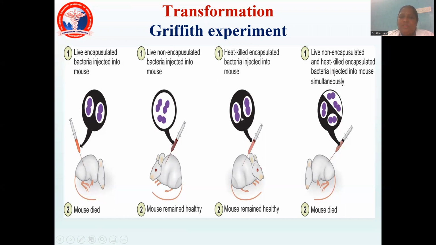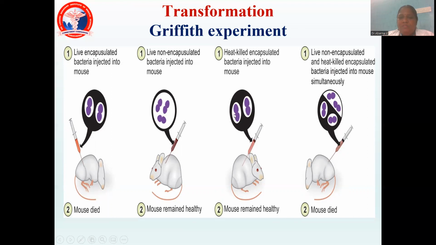So what Griffith did, he combined these 2 steps, second step and third step. That is, he mixed a living bacteria without capsule and a dead bacteria with capsule. So what happens in this dead cell? The gene coding for capsular production is transferred to the living cells, which do not have any capsules.